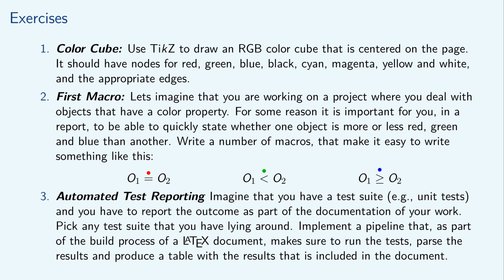Pick one, implement a pipeline so that as part of the build process of your LaTeX document, you make sure that it runs those tests, parses the results, and produces a table with the outcome of those tests. And that was the last of these exercises.